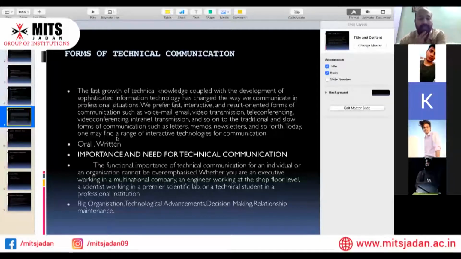So importance, it is also the same thing that we read in the business communication last time. It is also similar because it is the beginning of our new subject. And in the beginning, these concepts, these chapters are basically connecting us to the base. Okay, the base of technical communication is business communication.